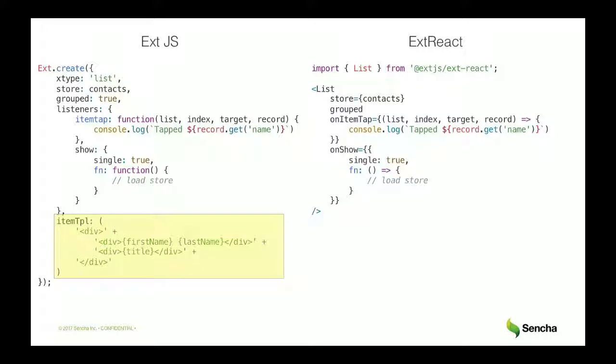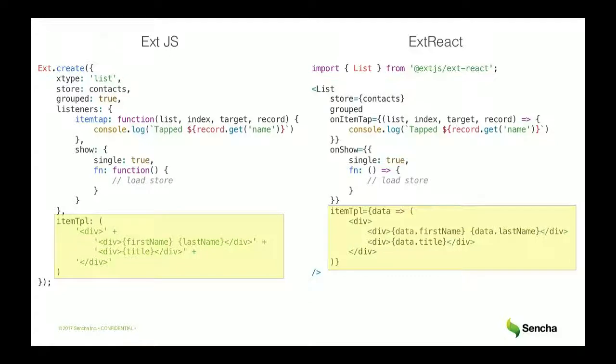And this is really cool. If you're going to specify the HTML to be displayed in something like an item in a list, the way you typically do that in ExtJS is you provide XTemplate syntax, basically a template string that gets converted to an instance of Ext.XTemplate, and then the values get filled in. Well, React has a much more convenient way of doing that, which is just basically JSX or React elements in general.